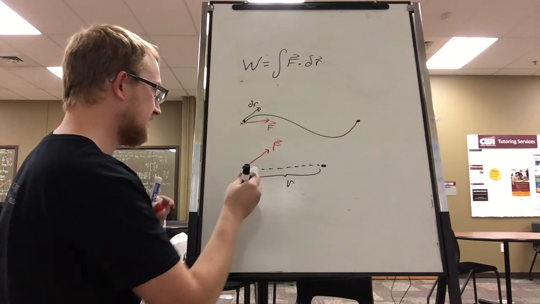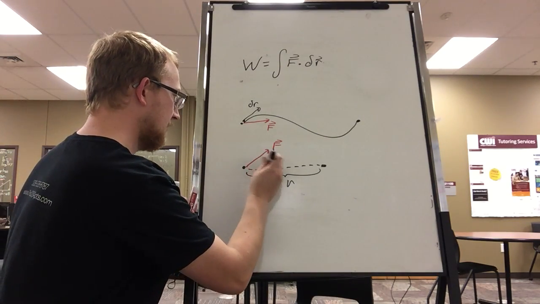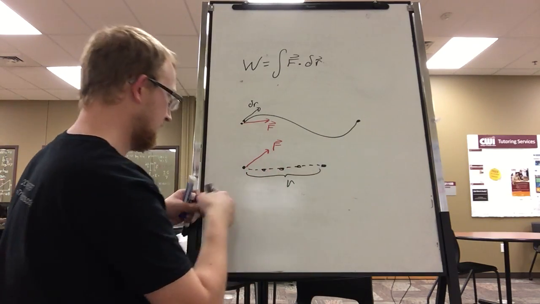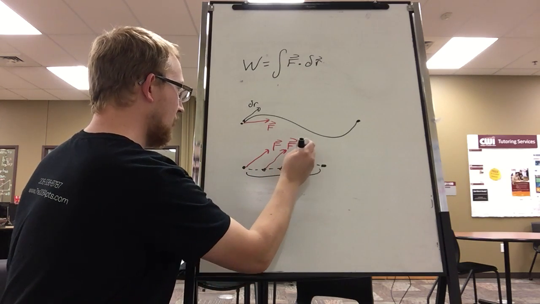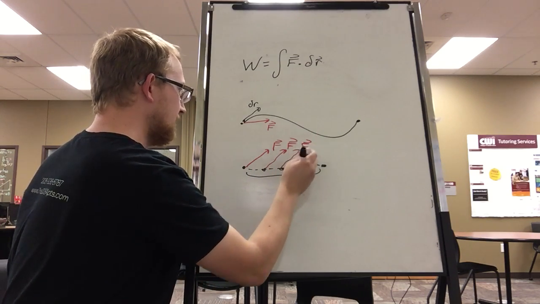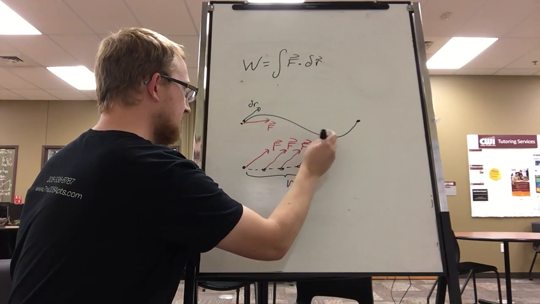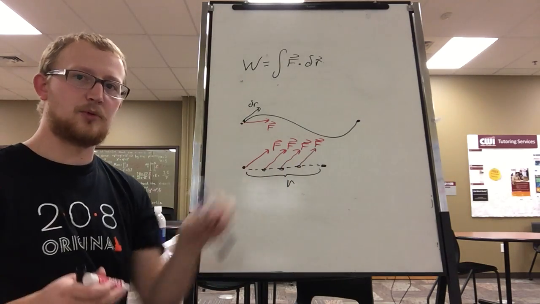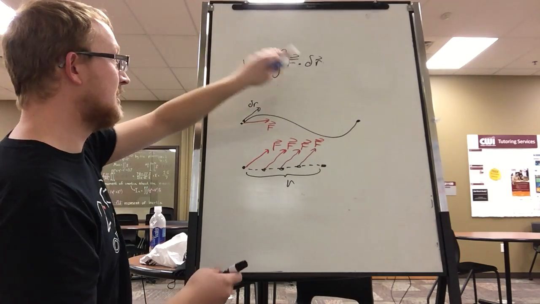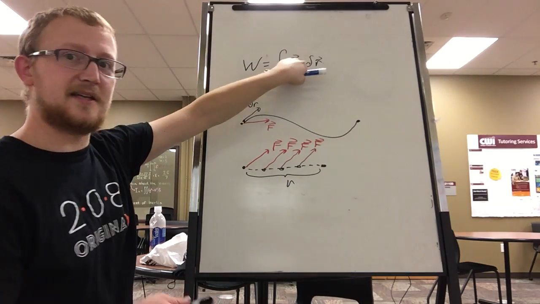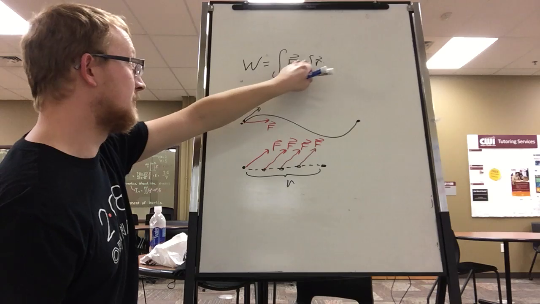Now if my force is constant at every point throughout this displacement, then that means my force is not dependent on my position. In other words, the force is the same at every infinitesimal point. And you'll remember that with constants, force is not, in this case, a function of position.